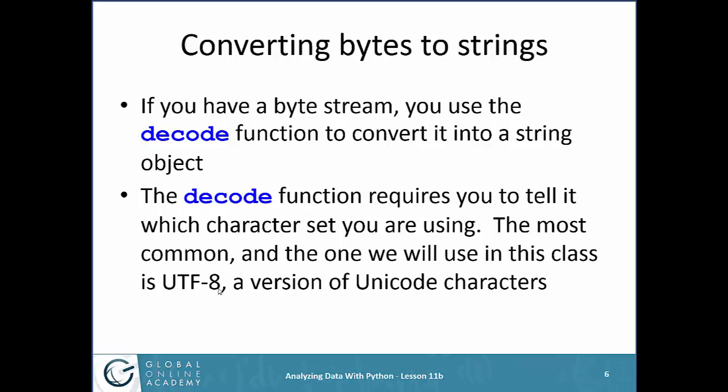The most common, and the one we'll use in this class, and the one that's the default on all the web pages you're going to use, is UTF-8. Unicode characters, the version 8 of them. There's also a UTF-16 and a UTF-32. But we'll use UTF-8. Now, how do we do that?